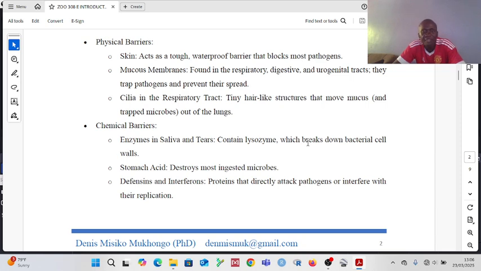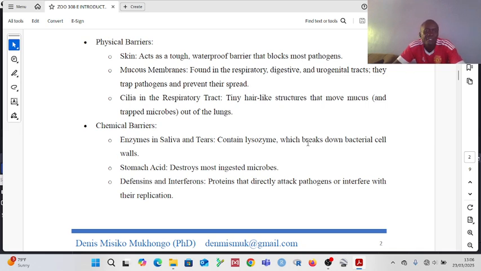Okay, so the enzymes in there, so saliva and tears, they have lysozyme. Lysozyme is an enzyme that will break down the cell walls of bacteria. In our stomach, we have acid. The stomach acid helps to destroy any microorganism that is ingested. Okay.